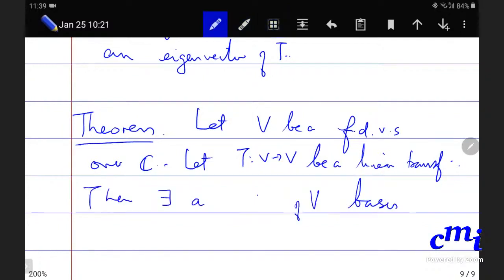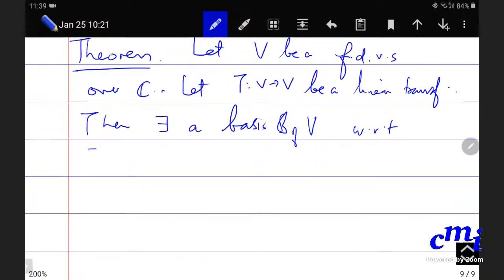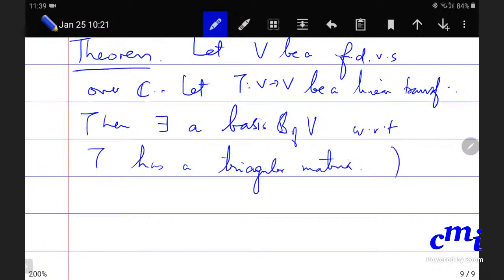Then there exists a basis B of V with respect to which T has a triangular matrix.